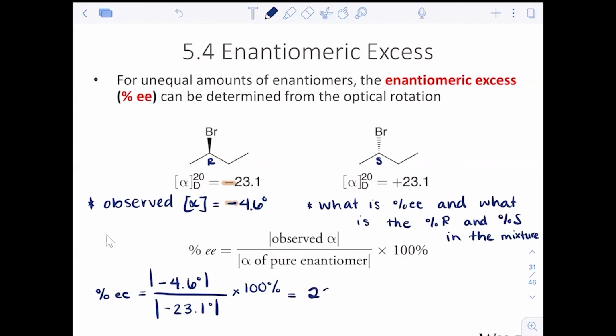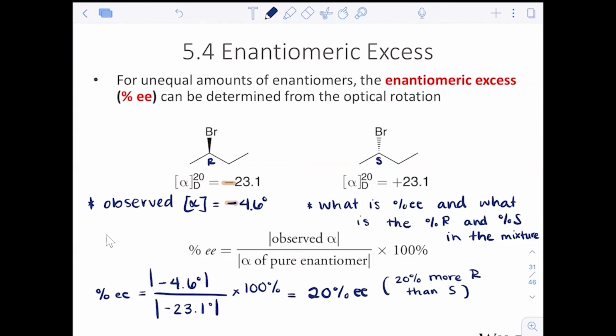That is a 20% EE. There is 20% more R than S. How did I know R was in excess? Because of the negatives matching. If we had an observed alpha of positive 4.6, then we'd have more S than R, because the S in this case is positive for S-2-bromobutane.